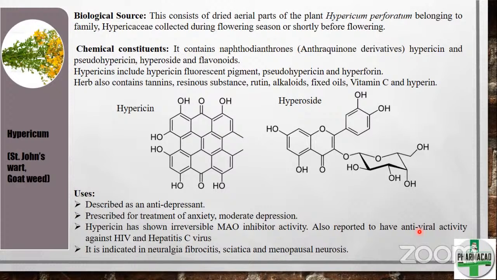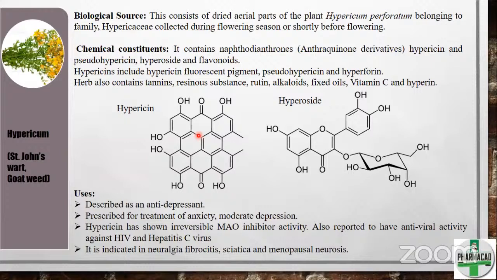Okay, now Hypericum, what are the different chemical constituents? So it contains naphthodianthrones. Why the name? Why is the name naphthodianthrones given? If you have a look, here in the middle a naphthalene ring is forming between the two anthrones. That is why the name naphthodianthrone, which are nothing but anthraquinone derivatives itself.